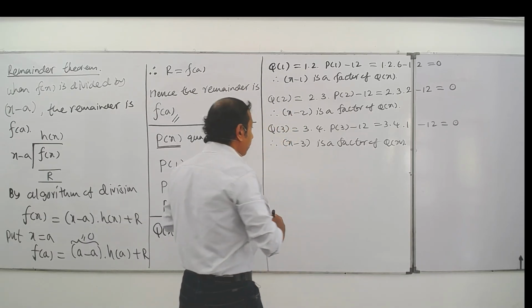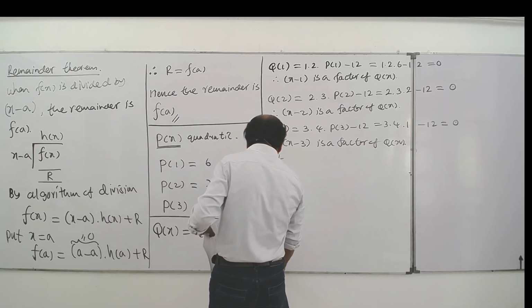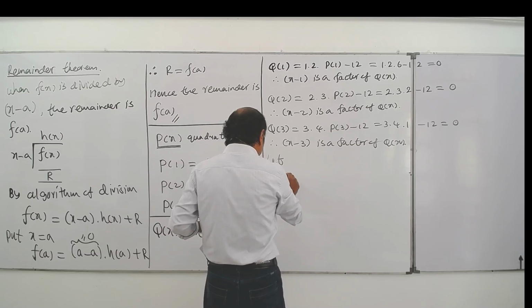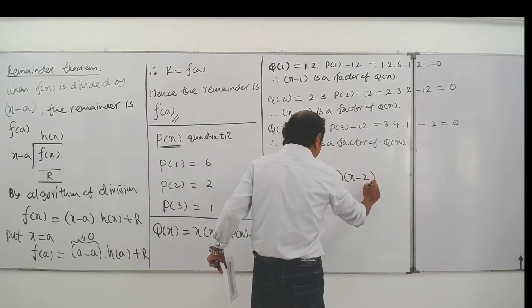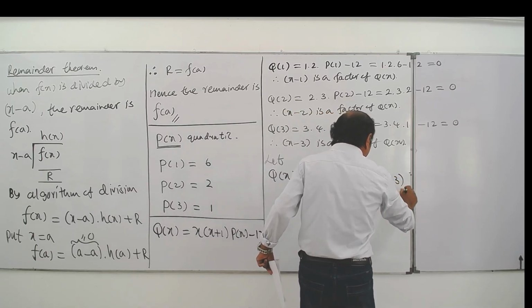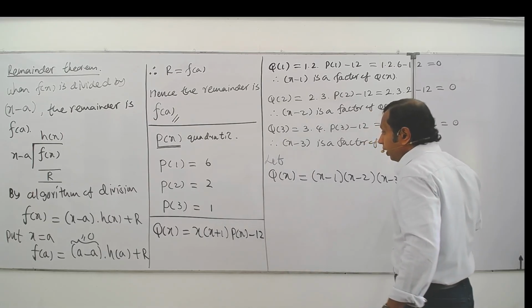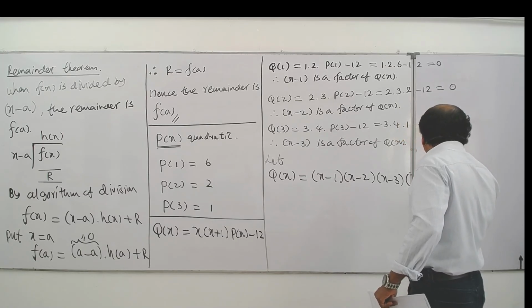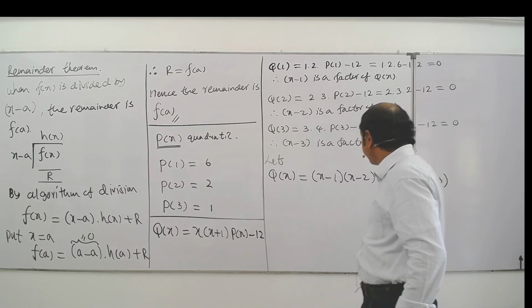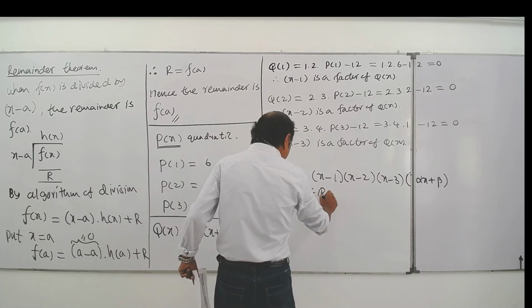So I am going to write q(x) as the product of the factors we found, into another factor, which I'll take as alpha x plus beta, where alpha and beta are 2 real numbers.